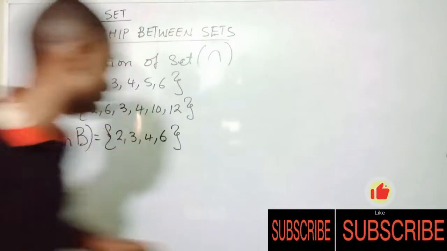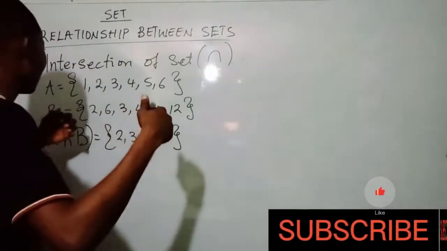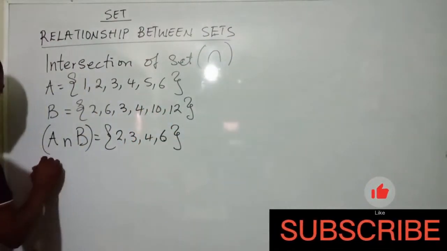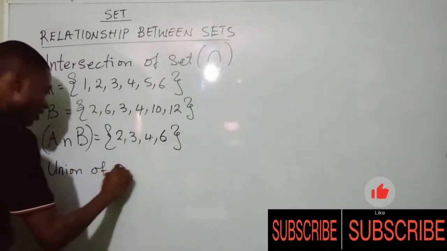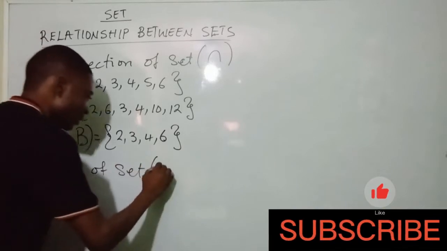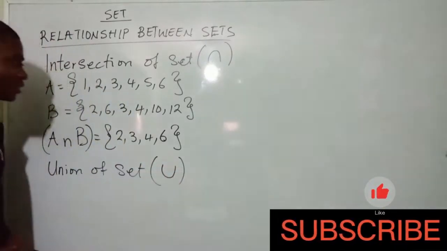Now the next one that comes to mind is the union. So let's talk about union of sets, indicated like this.